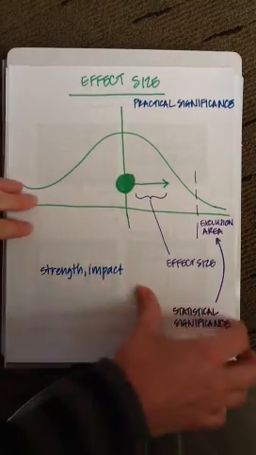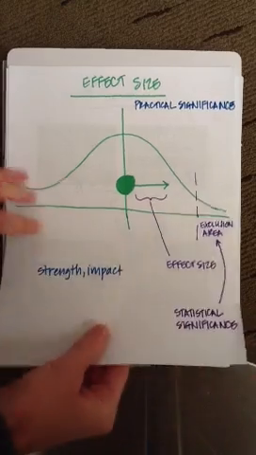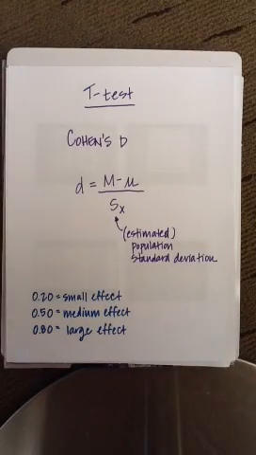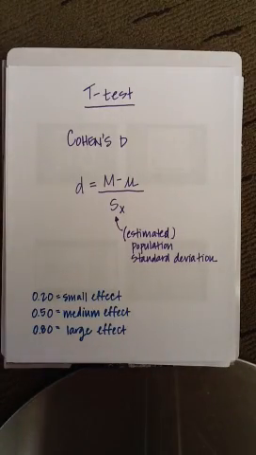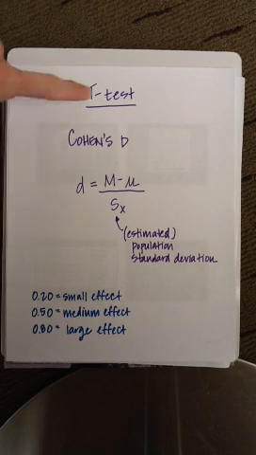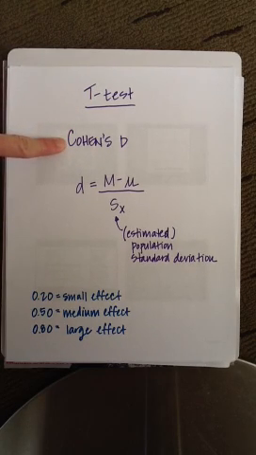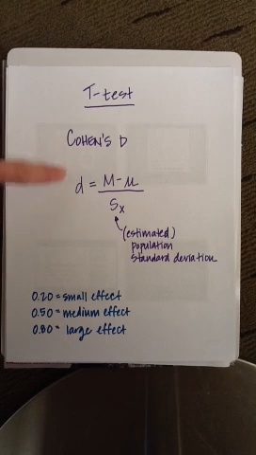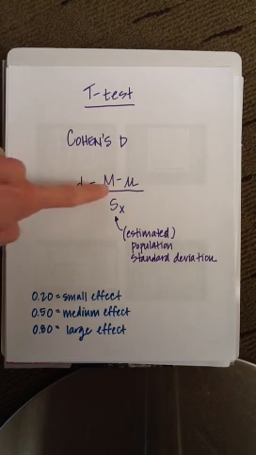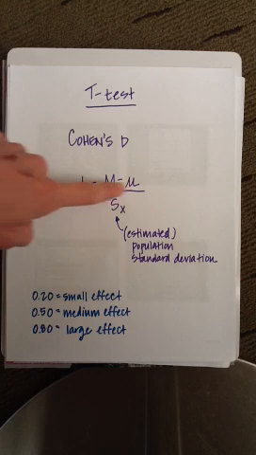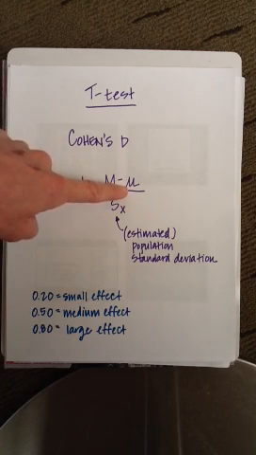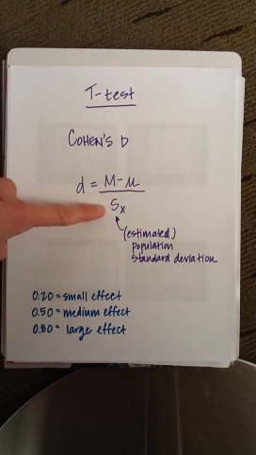So when we're talking about effect size, there are various tests for effect size. So for the t-test, we're using Cohen's d. And the formula for that is d, referring to Cohen's d, is equal to the sample mean minus the population mean divided by the estimated population standard deviation.